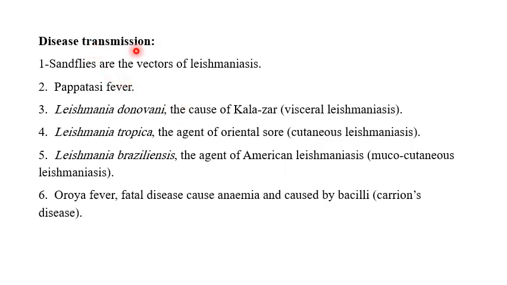Disease transmission: sandflies are the vector of leishmaniasis and sandfly fever. Leishmania donovani is the cause of Kala-azar, visceral leishmaniasis. Leishmania tropica is the agent of oriental sore, cutaneous leishmaniasis. Leishmania brasiliensis is the agent of mucocutaneous leishmaniasis. Also Oroya fever, a fatal disease causing anemia and caused by bacilli, or Carrion's disease.